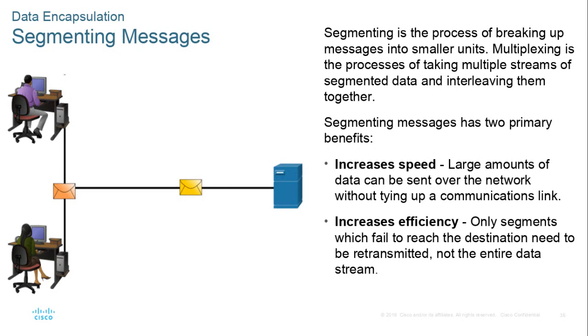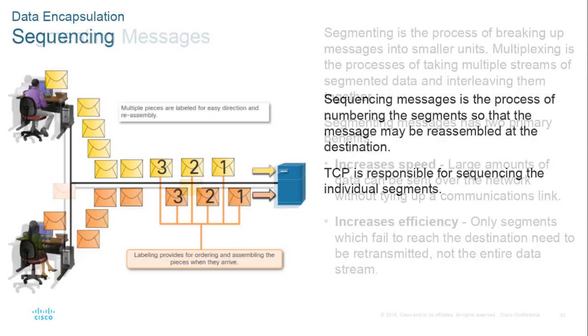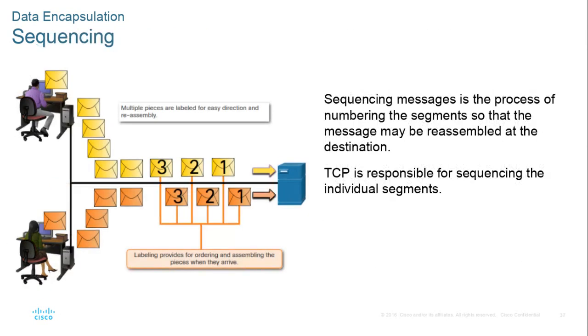That's segmenting the data. That gives it an increase in speed because no one person is tying it up. And if an error occurs and some data is destroyed, we don't have to send the whole thing over again. We can just send the one little segment that had the error. Not everything needs to be retransmitted. So there are some advantages here.